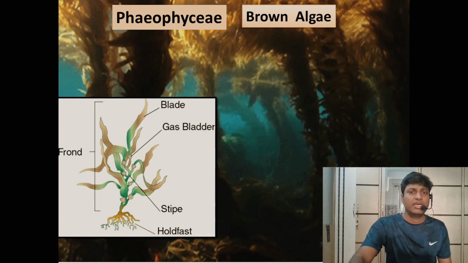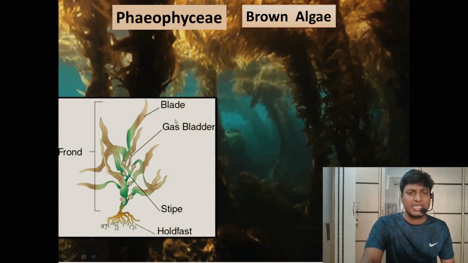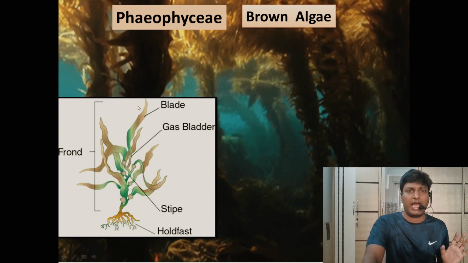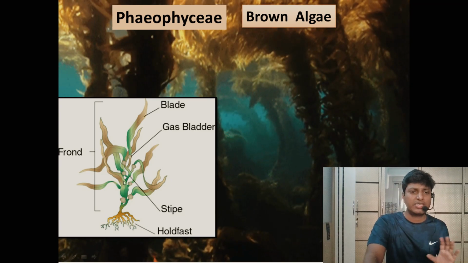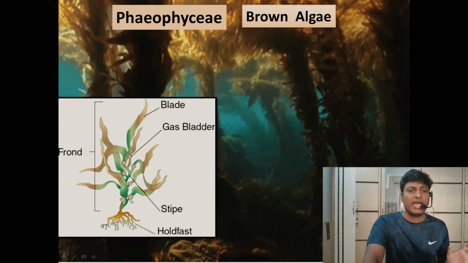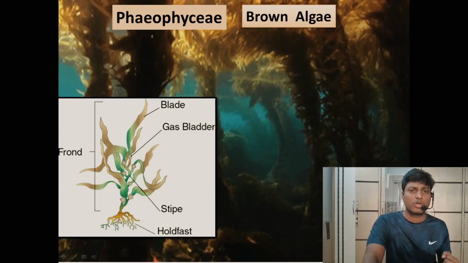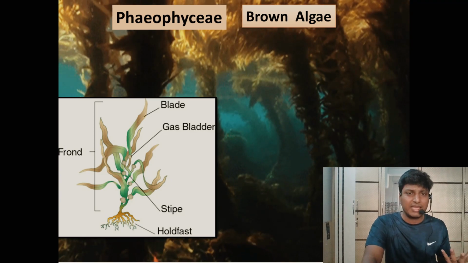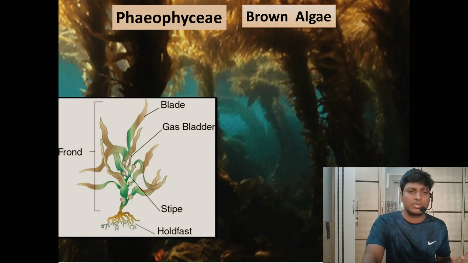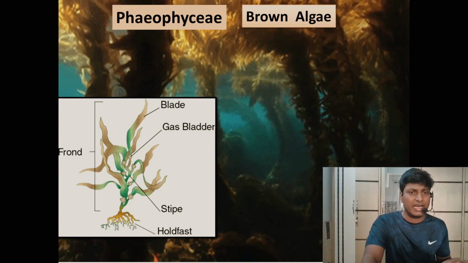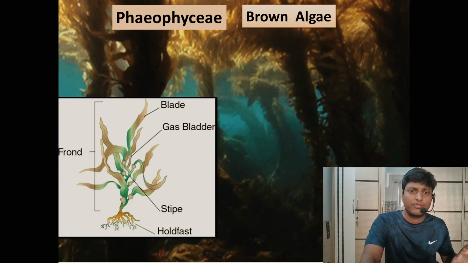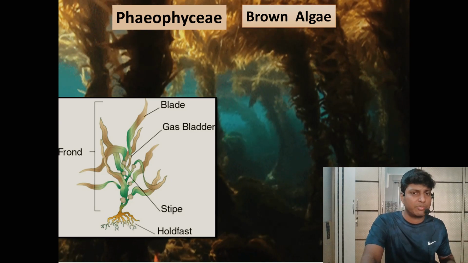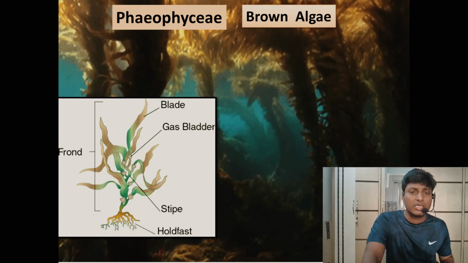As you can see here, this type of algae has a stem-like structure, right? And below the stem it has small thread-like structures which act like roots, but they are not roots, dear students. They are thread-like structures with the help of which brown algae can attach to the surface.